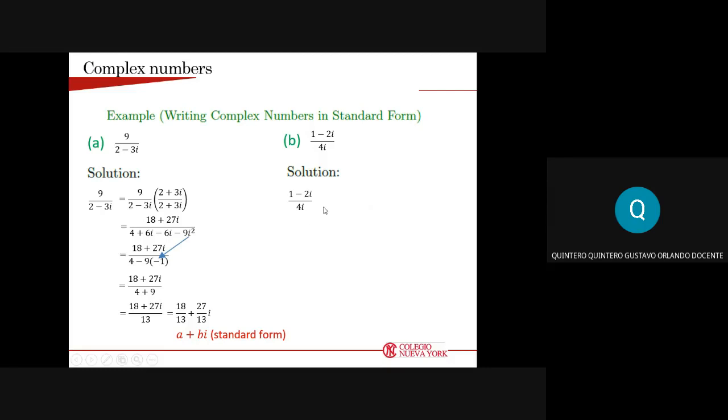Before I show you what is the conjugate, go ahead and tell me in the chat, which do you think is the conjugate of the denominator here? Again, which do you think is the conjugate of the denominator? Beautiful, guys.